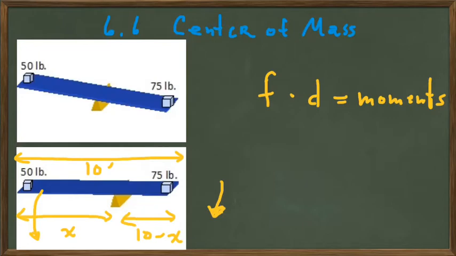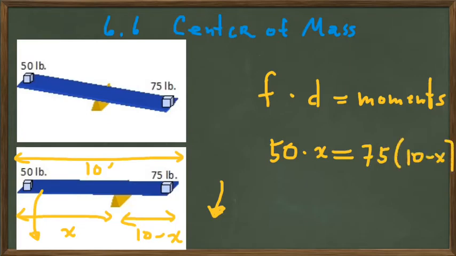So if we have the balance point, the weight of the 50-pound object times its distance from the balance point, that moment, 50x, should equal the 75-pound weight times its distance from the balance point, 10 minus x. In other words, the downward moment to the left would have to equal the downward moment on the right side.